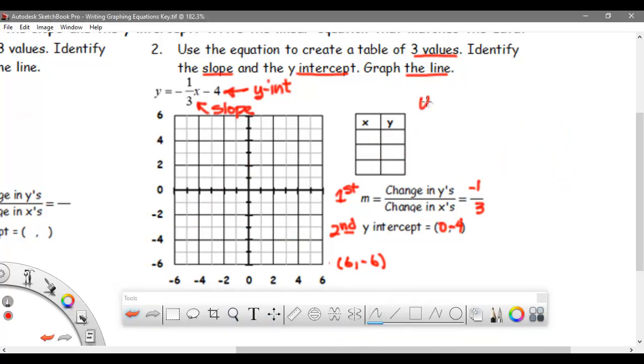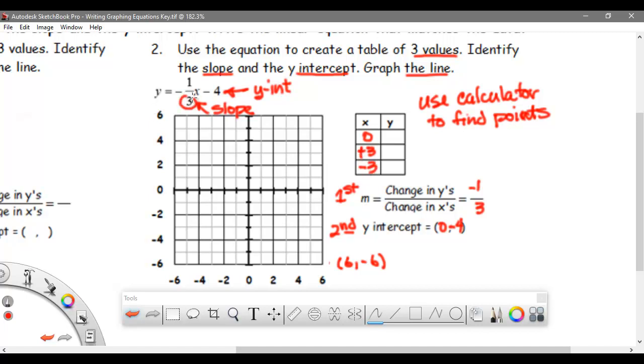Okay, this next way, I'm going to do it a little bit different. I'm going to use a calculator to generate our points rather than using the slope and the y-intercept to generate our points. It will still give me the same result, but this way it's best that you use a calculator. So now when you're choosing your points, if you look at your denominator of 3, we want to choose our first value always to be 0.